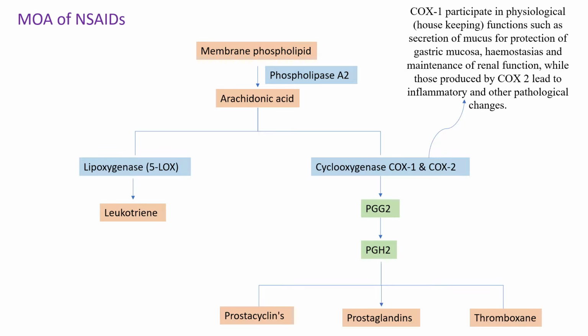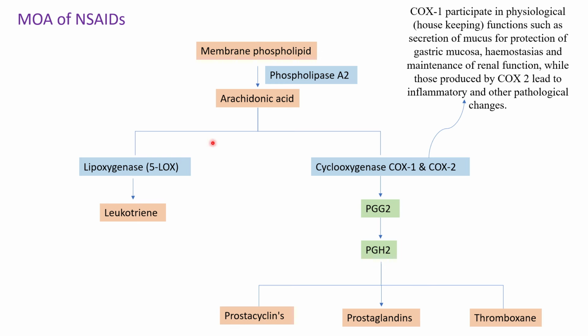Now we'll see the mechanism of action of NSAIDs. Cell membrane phospholipids are converted into arachidonic acid in the presence of the enzyme phospholipase A2. Then this arachidonic acid basically follows two main pathways. One is the lipoxygenase pathway and the second one is the cyclooxygenase pathway.